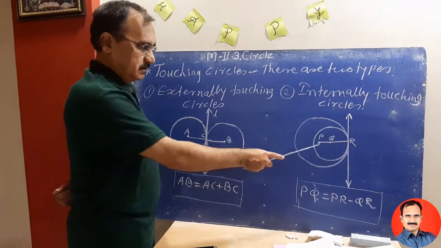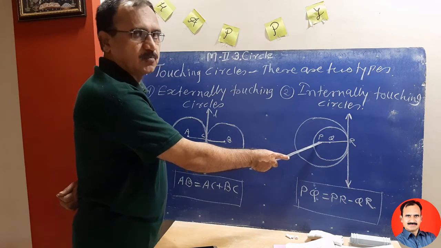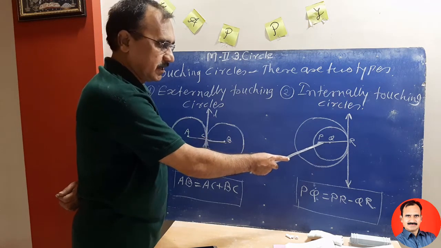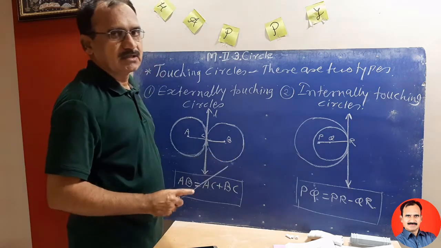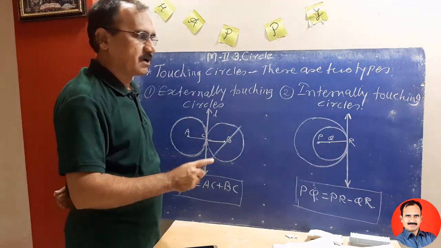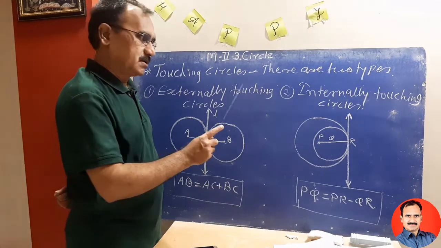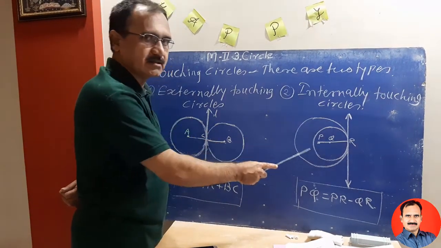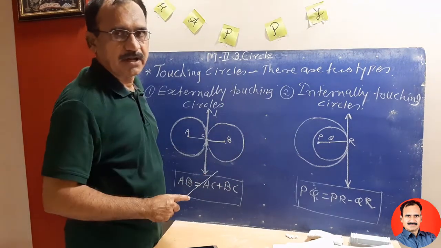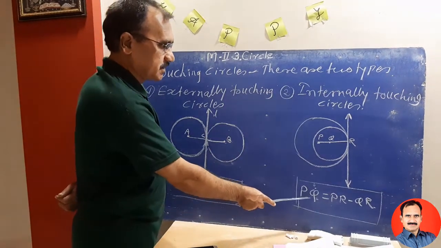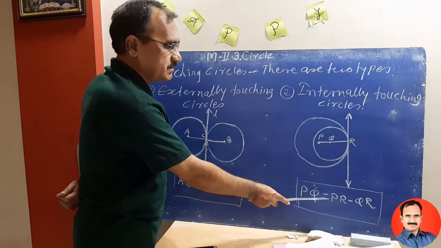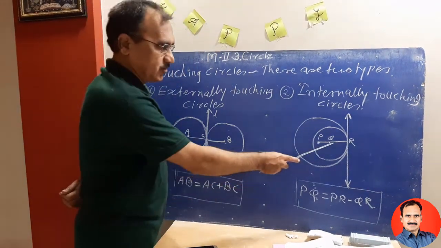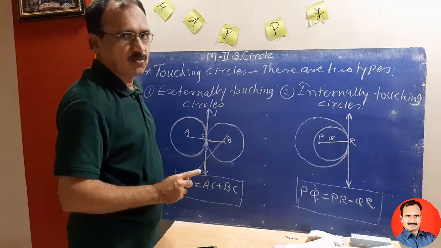P is the center of the larger circle and Q is the center of the smaller circle, and distance PQ is the distance between the centers of these internally touching circles. If circles are internally touching, the distance between their centers is the difference of the corresponding radii. Here PQ is equal to PR, the radius of the bigger circle, minus QR, the radius of the smaller circle.